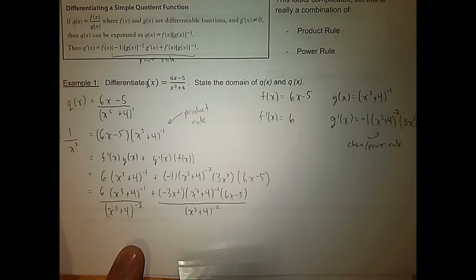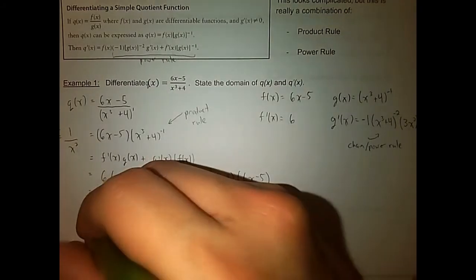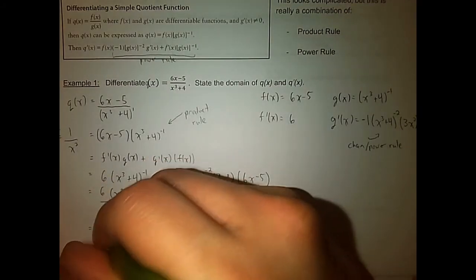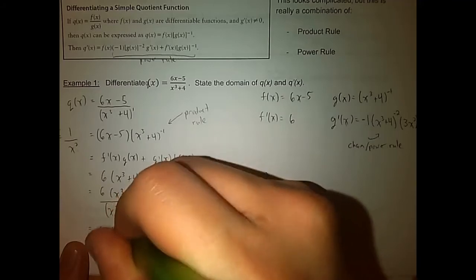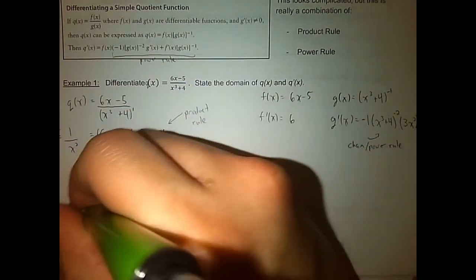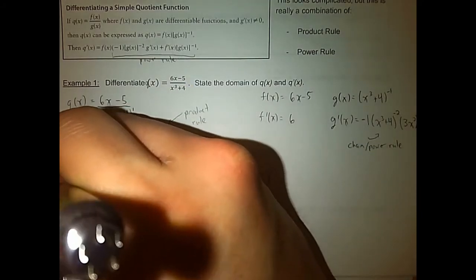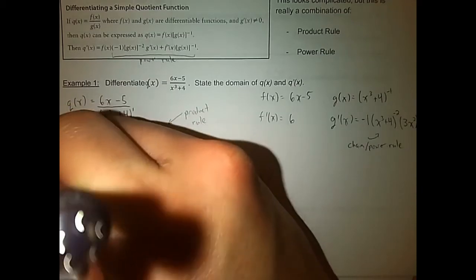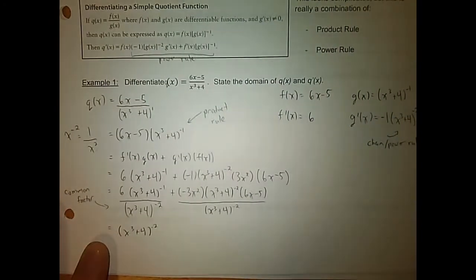Whenever I do a common factor, I always bring my common factor to the front. Common factor. So when I do this, I bring my common factor to the front, and then I'm dividing both of these terms by this common factor.